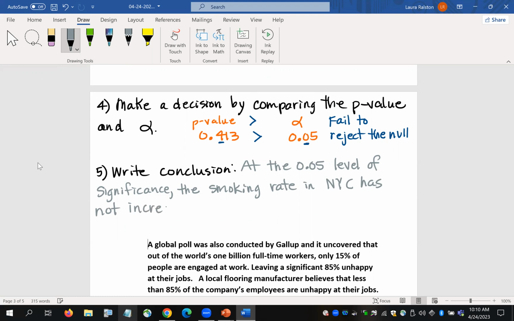I'm going to say it that way. If it hasn't increased, that means it's either the same or less. So it has not increased from 12%.